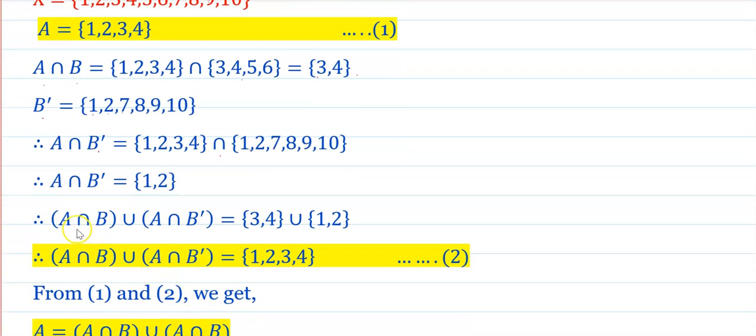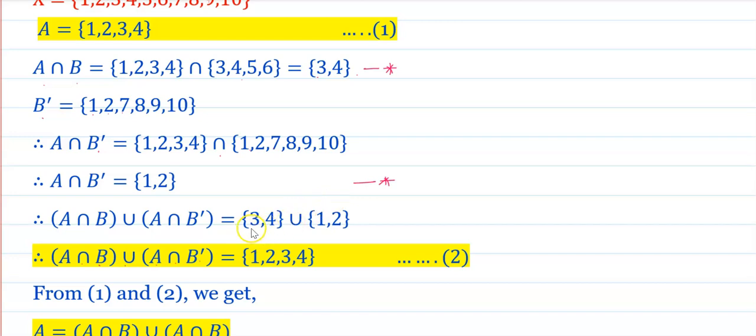And hence now the A intersection B union A intersection B complement. Now we find out here A intersection B. Where is the A intersection B? Now see this here, A intersection B and their union with A intersection B complement.